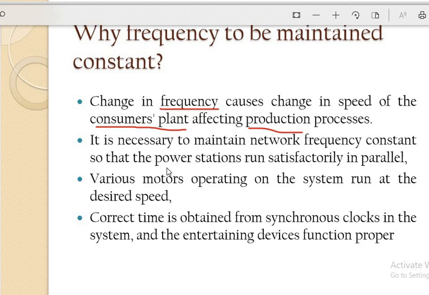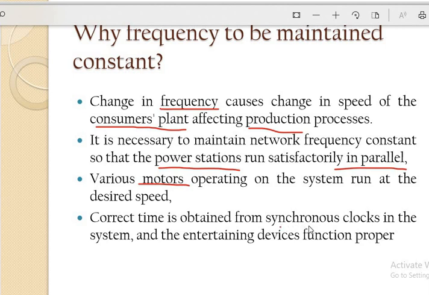If different power stations are to run satisfactorily in parallel, frequency should be maintained constant. Similarly, various motors are designed for a particular frequency of 50 hertz, so to ensure the proper working of all the motors, our supply frequency should be constant.